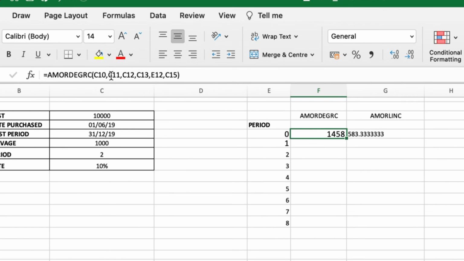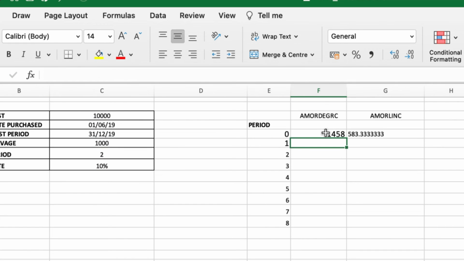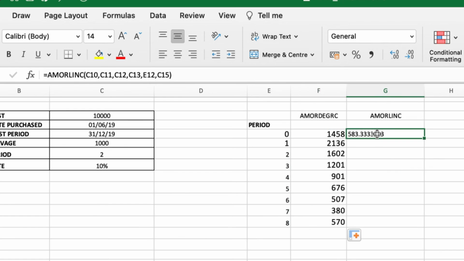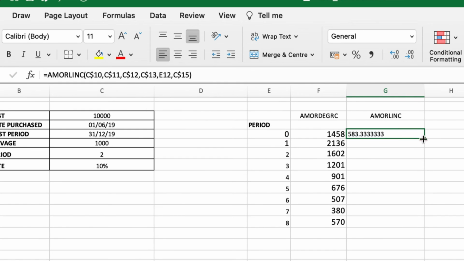Before scrolling, just lock these references by adding a dollar symbol. Here also, let's lock the references. It just keeps on writing 1000.